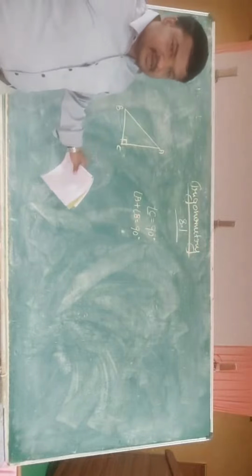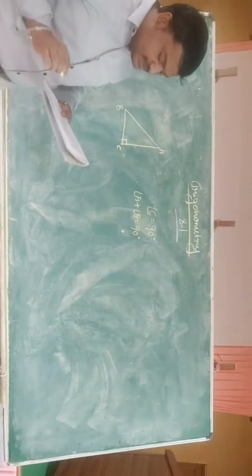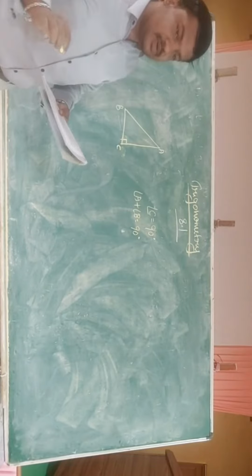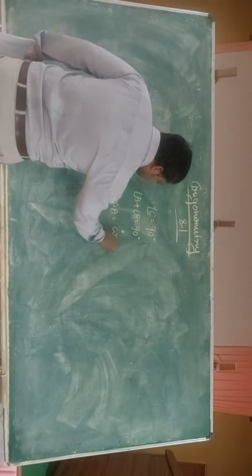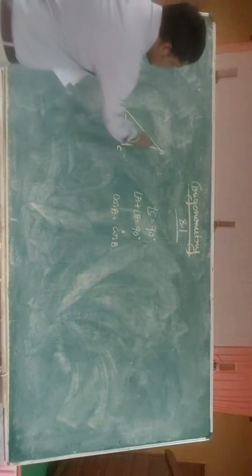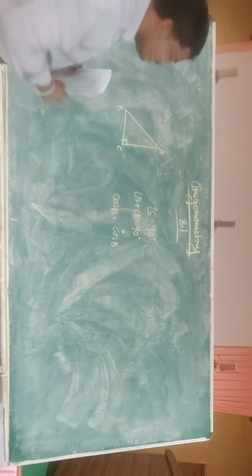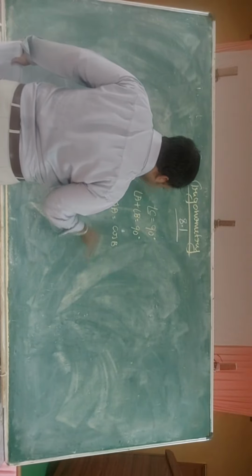Can I write like this? Yes or no? Yes. So what do they say? A and B are acute angles such that cos A is equal to cos B. So how do you define cos A? Adjacent upon hypotenuse.